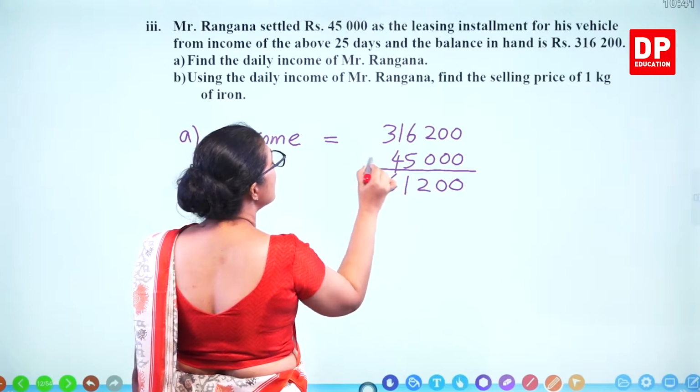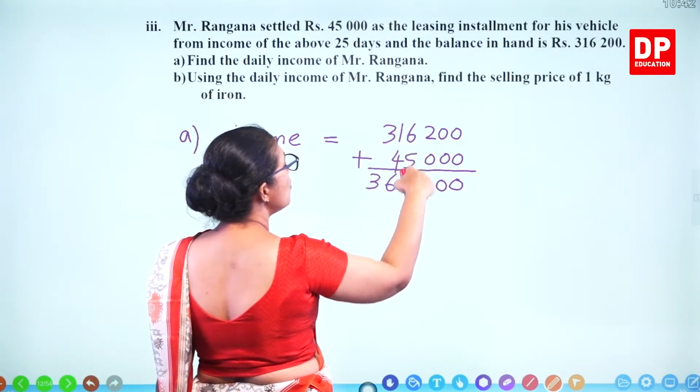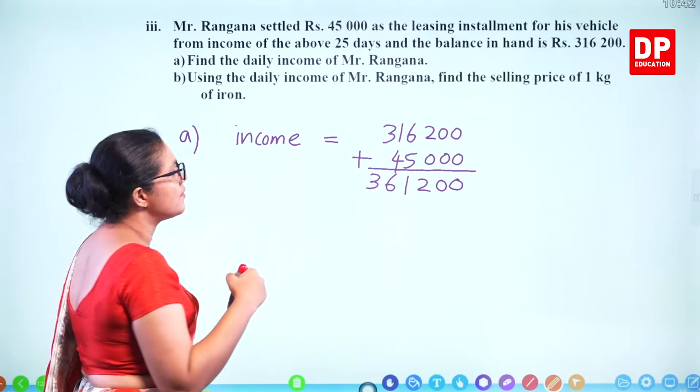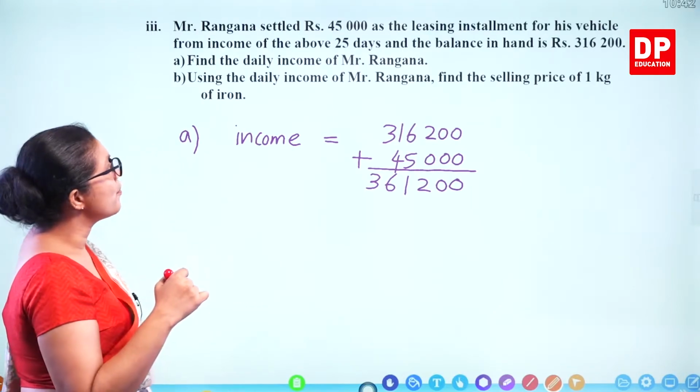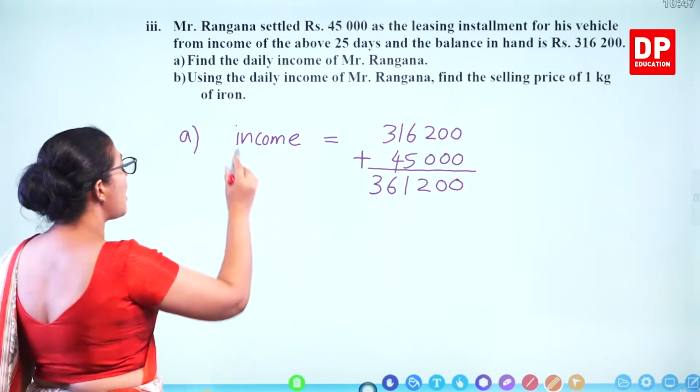So this is the income. So add these two. 361,200 rupees. That's the monthly income.